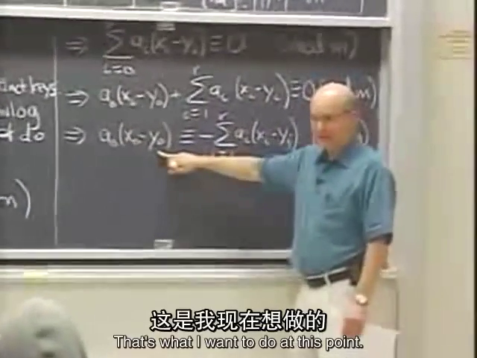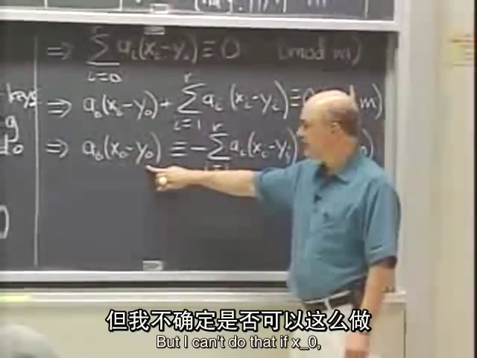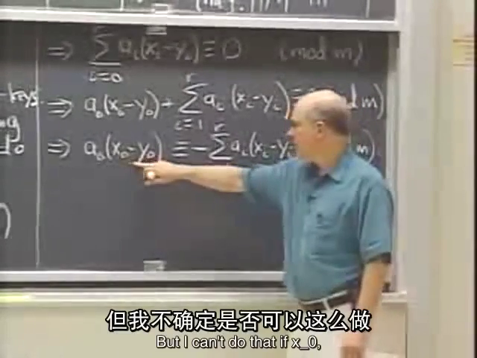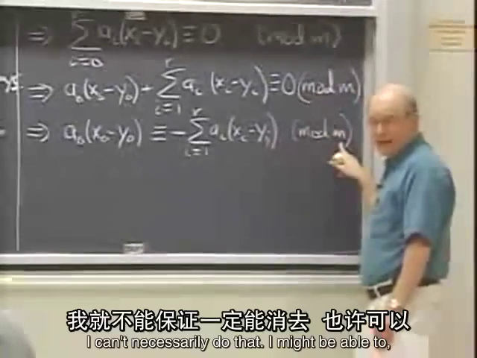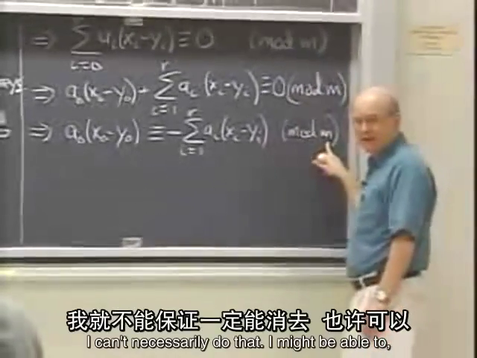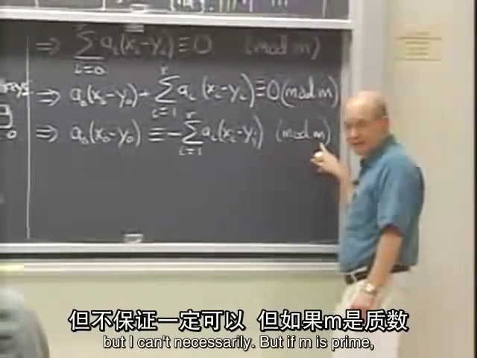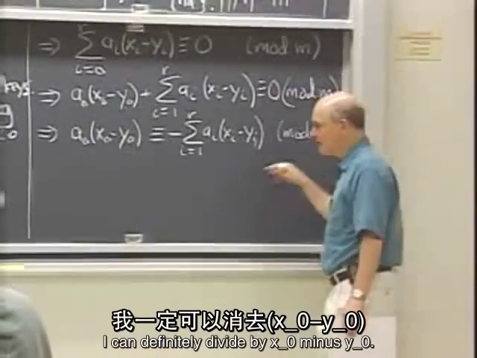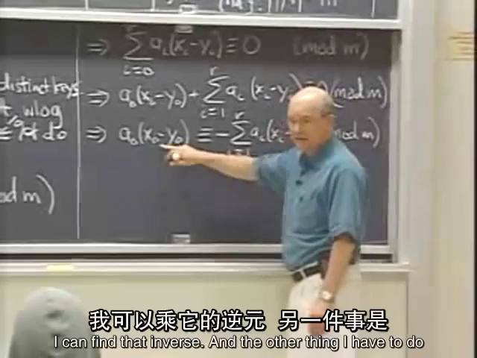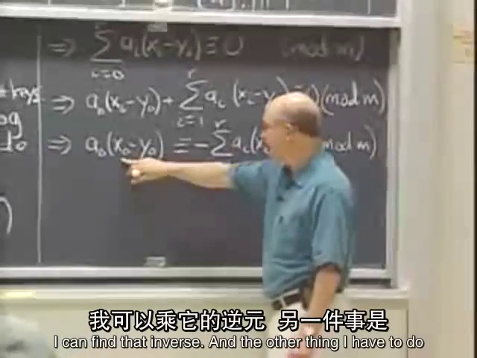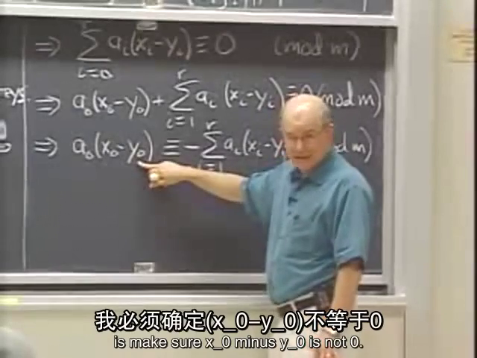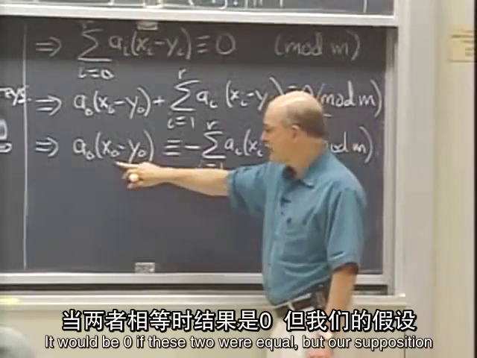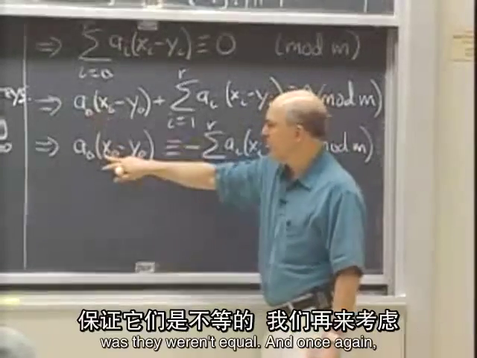I can't necessarily do that if m isn't prime. I might be able to, but I can't necessarily. But if m is prime, I can definitely divide by x0 minus y0. I can find that inverse. The other thing I have to do is make sure x0 minus y0 is not 0. It would be 0 if these two were equal, but our supposition was they weren't equal.